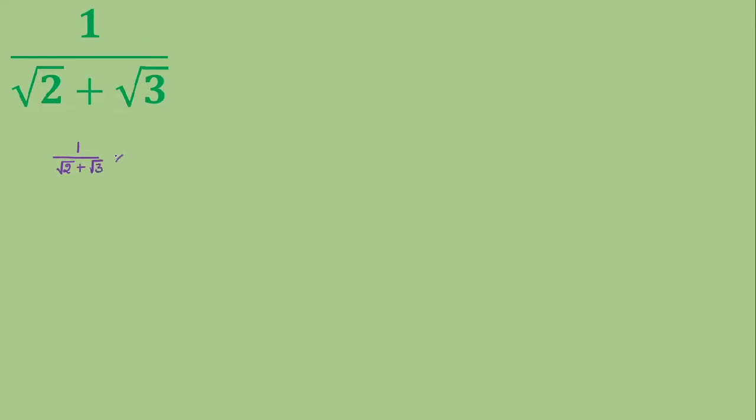Now to rationalize this denominator, by what number should you multiply? So we have to multiply by root 2 minus root 3. If it is root 2 plus root 3 in the denominator, we have to multiply by root 2 minus root 3 to make it a rational number. So while multiplying, multiply both numerator and denominator, so it doesn't make any difference to the given number.